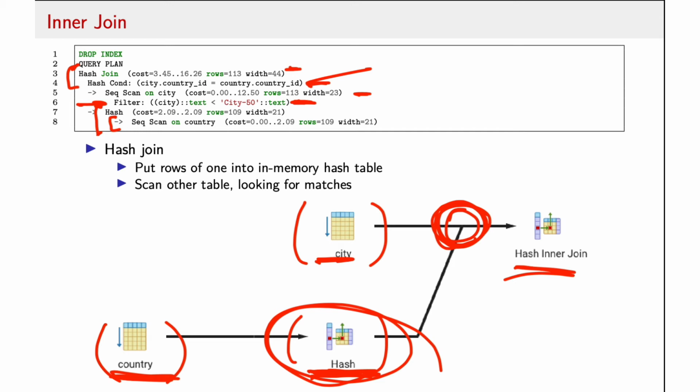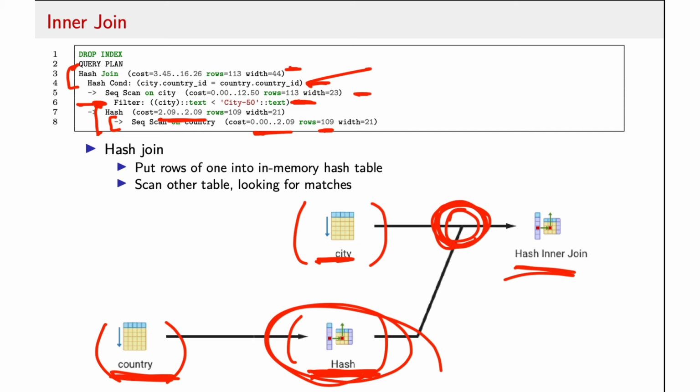And let's take a little look at the timing going on here. We can see, first of all, that the sequential scan of the country table is relatively quick because there's not that many countries. There's only 109 of them. And then the hash operation itself shows that its start time and its total time are the same. Well, that's probably not true, in the sense that there's some time taken to do the hash.